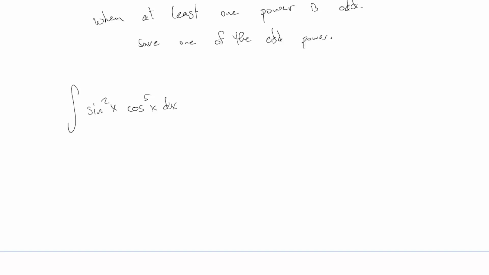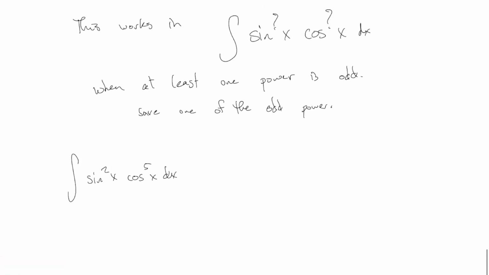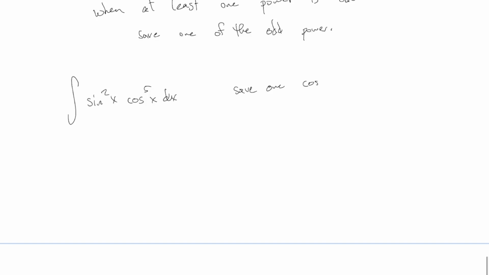I'm going to choose the cosine to save one of, because like I just said, this trick, generally speaking, only works with using an odd power. So I am going to save one cosine here. So this I write instead as sine squared x times cosine to the 4x times one cosine that I leave off to the side.